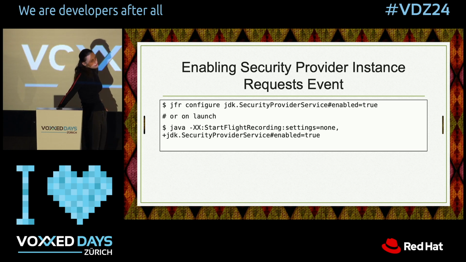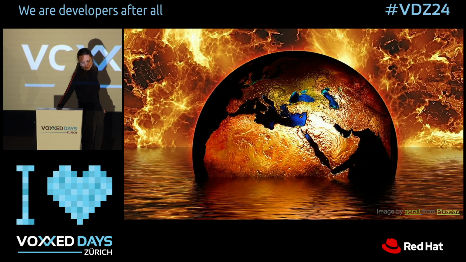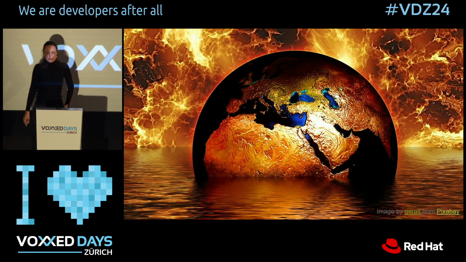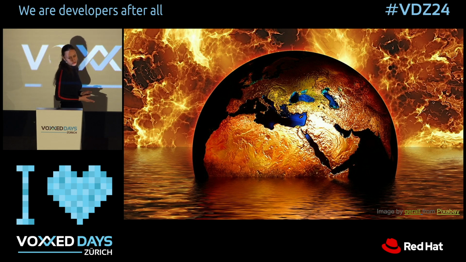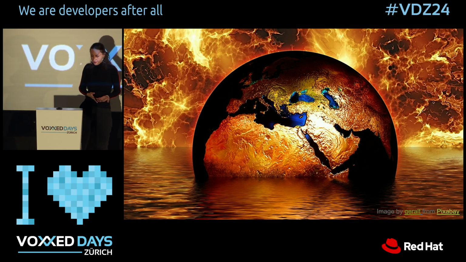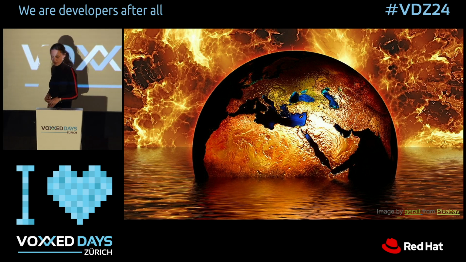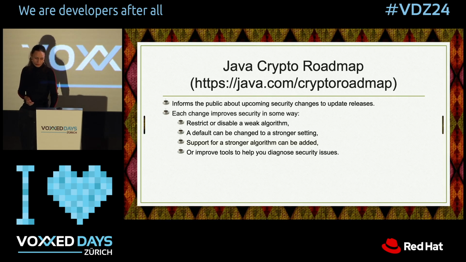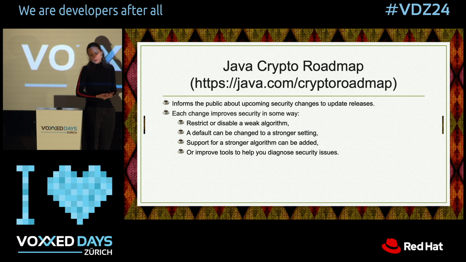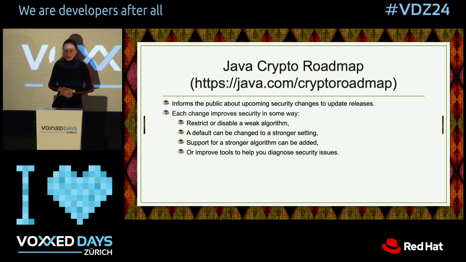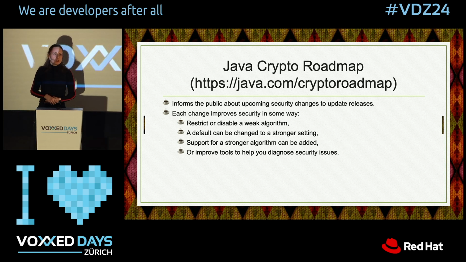I've talked a lot about changes and enhancements, but you should know that these are not randomly chosen. To make the evolution of security features within the Java platform more transparent, I want to discuss briefly the Java Crypto Roadmap. The Java Crypto Roadmap was created to inform you, the developers, and the wider public about upcoming security changes to update releases.